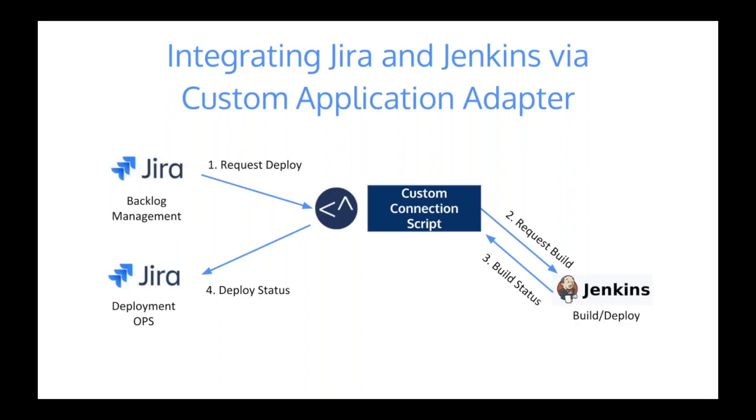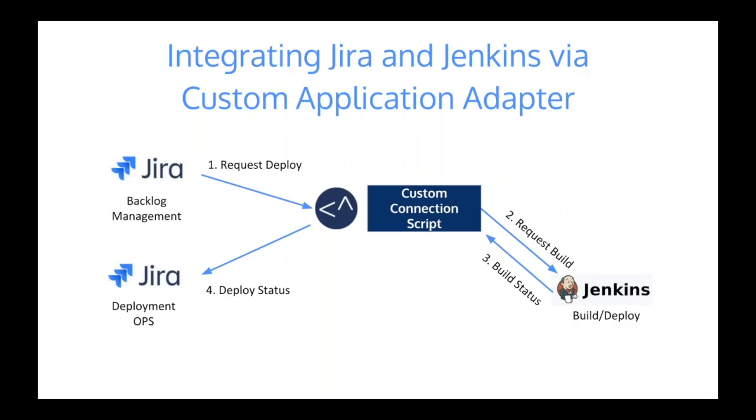Once the Jenkins build is done, Jenkins will communicate that status through our custom adapter back to a different Jira where our deployment engineers are waiting for the deployment status. So this gives you an overall example of how we can control applications, and how we can communicate the status of that control back to other applications.